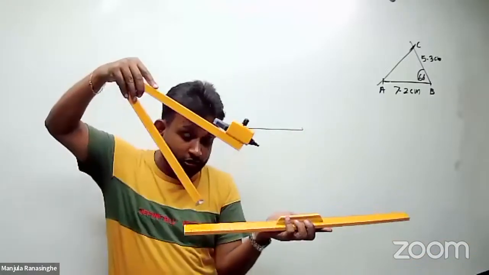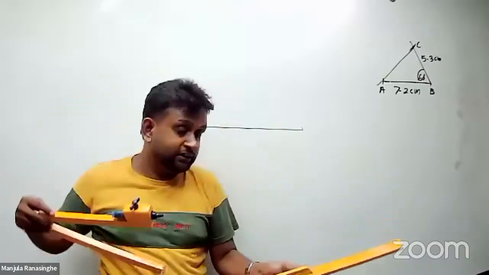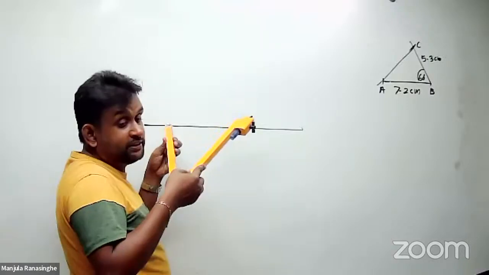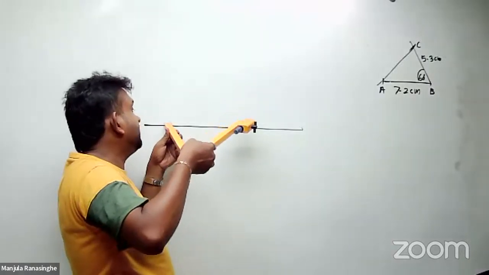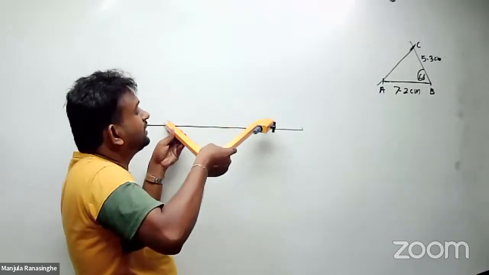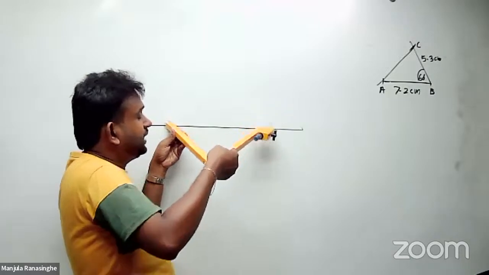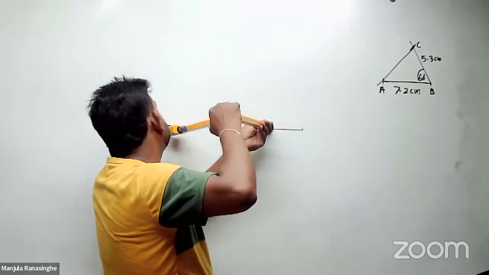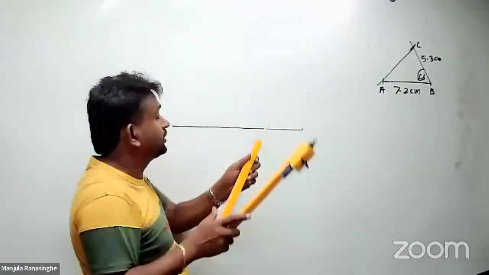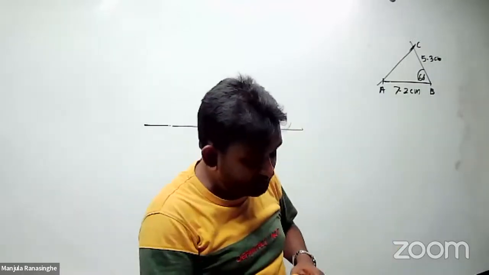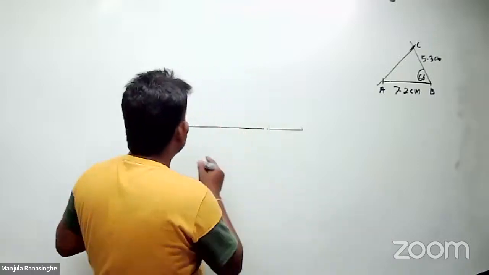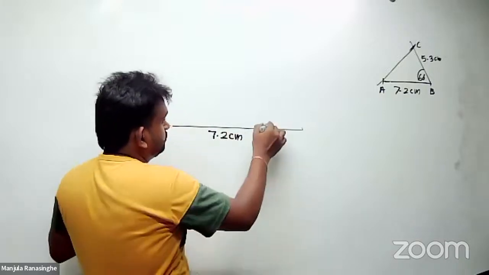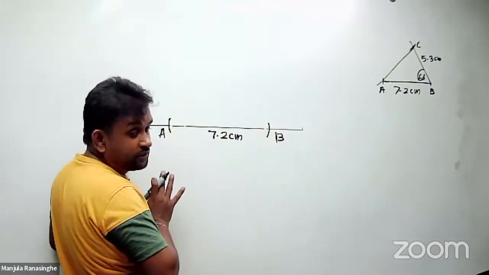Place the compass on the straight edge at 0 and 7.2 and take that distance. So I mark 7.2 here. This is how you mark: one terminal, not at the edge, make an arc that is 7.2, rotate to the other side, put it there and make the arc. Now you can mark that part as B, and the distance is 7.2 centimeters. So these are the arcs drawn. This is how you create a line segment.